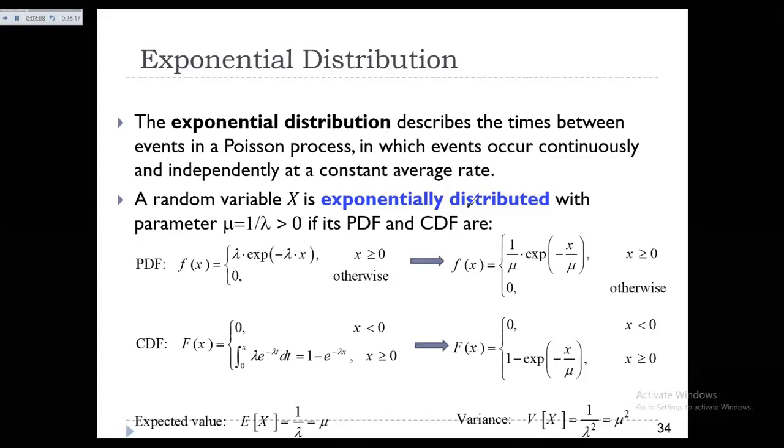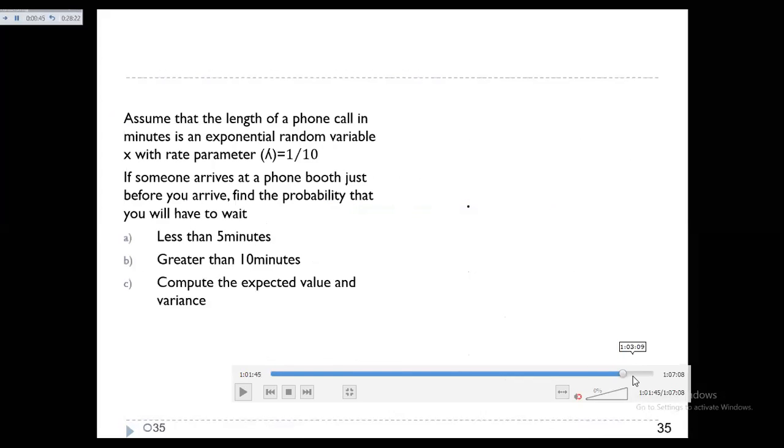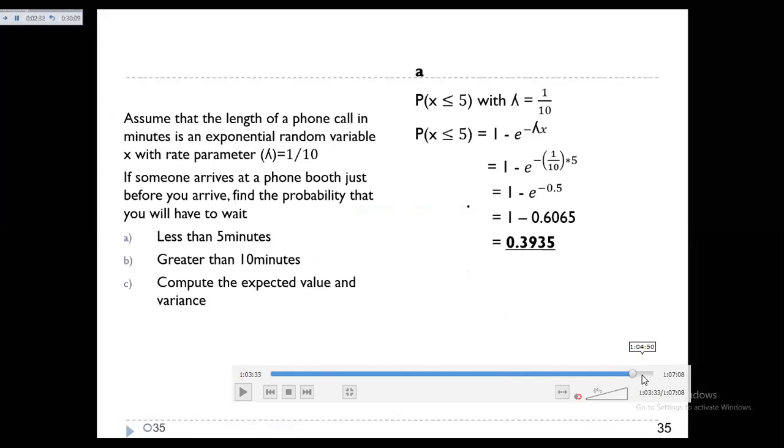Moving on, I think there should be an example on that. We are told to assume the length of a phone call in minutes is an exponential random variable x with a rate of lambda equals 1 over 10.